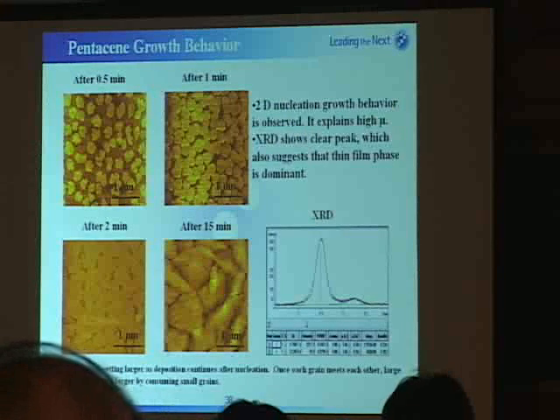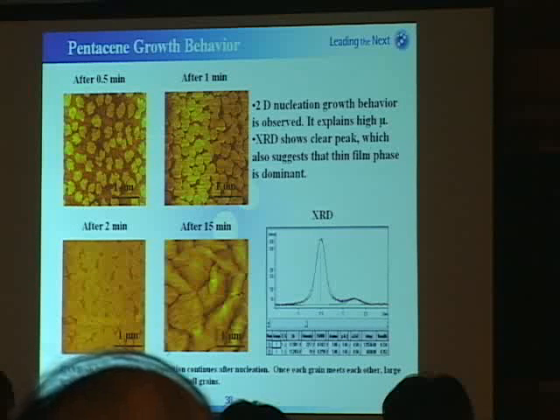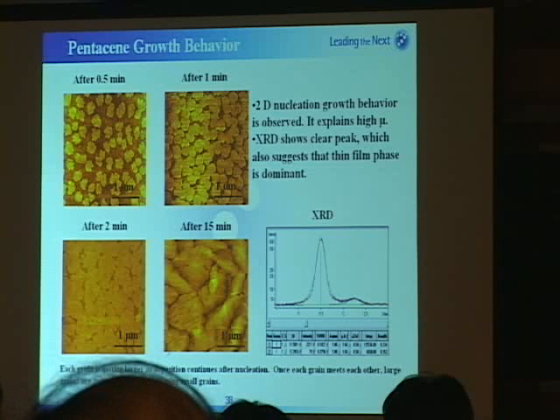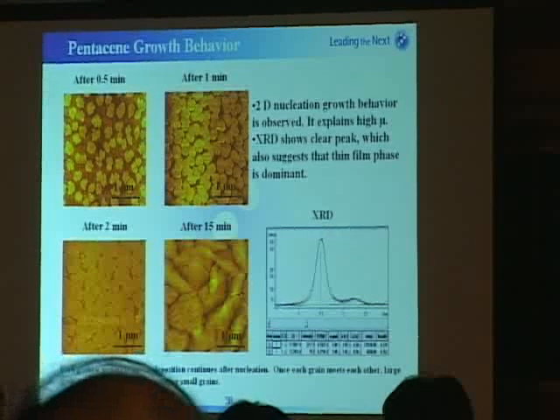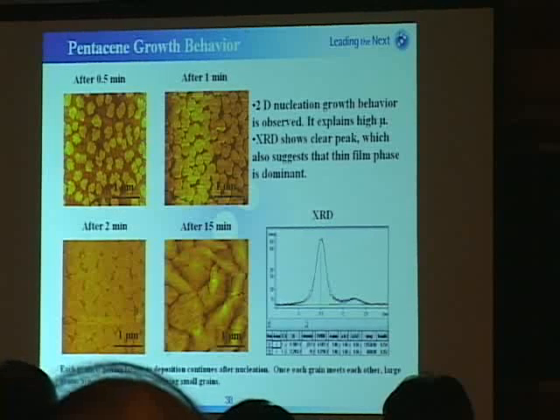This is the pentacene growth behavior. These pictures were taken 0.5, 1, 2, and 15 minutes after nucleation. As shown in these pictures, each grain gets larger as the deposition continues.